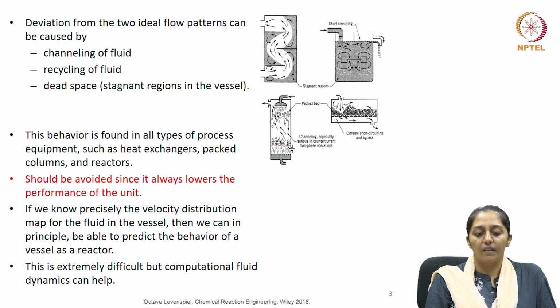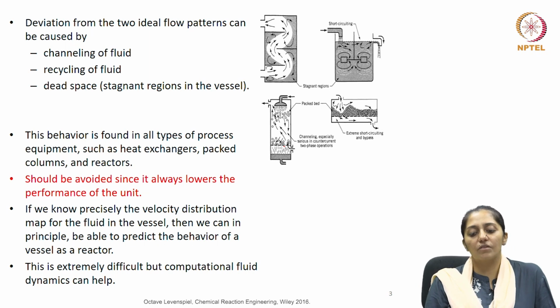Now this behavior is found in all types of process equipment, like for example heat exchangers, packed columns, or your bioreactors. It should be avoided since this will lower the performance of the unit. So if we know the velocity distribution map for a fluid in the vessel, then in principle we should be able to predict the behavior of the vessel as a reactor, whether it will behave as an ideal reactor or there can be non-idealities.